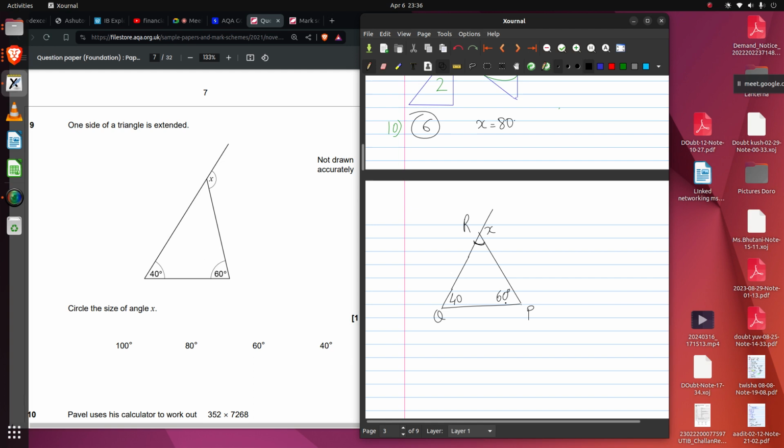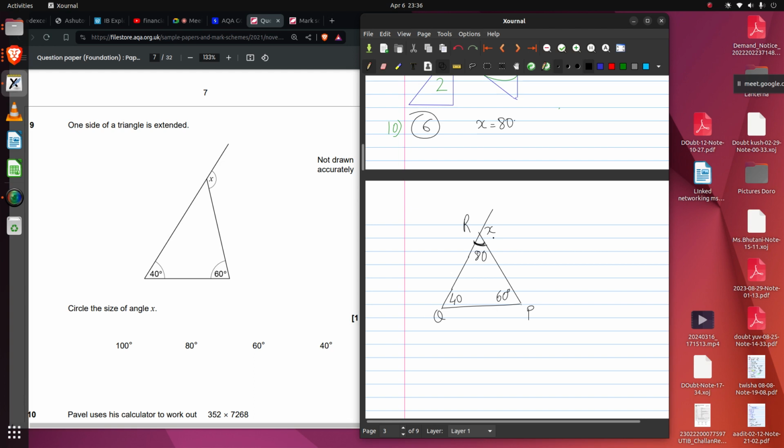So can you just do 180 minus 60 plus 14, so that I can find out this angle, right? How do I get that? What is that angle? 80.